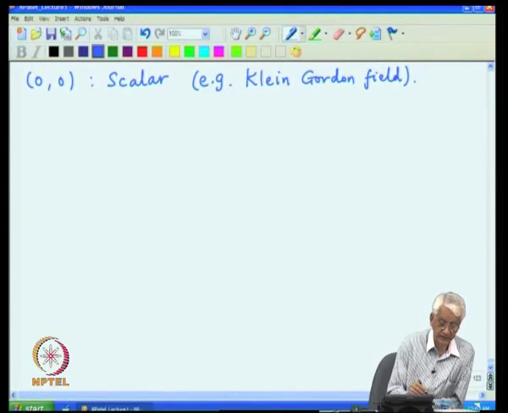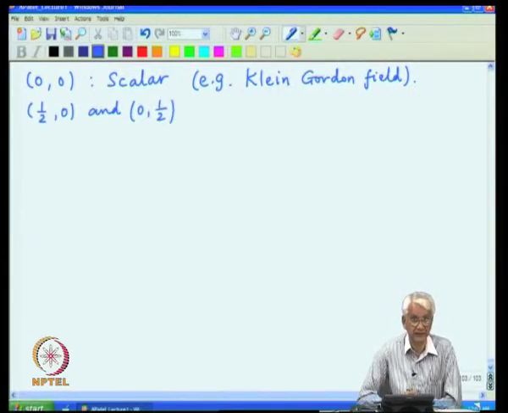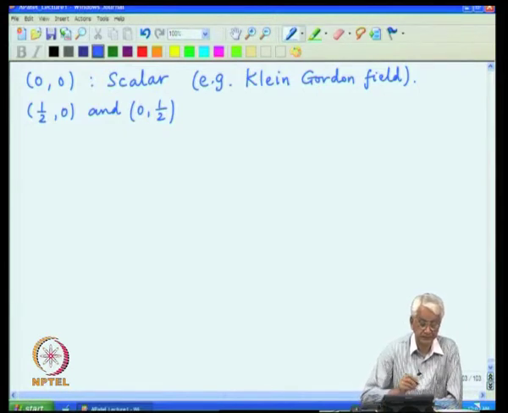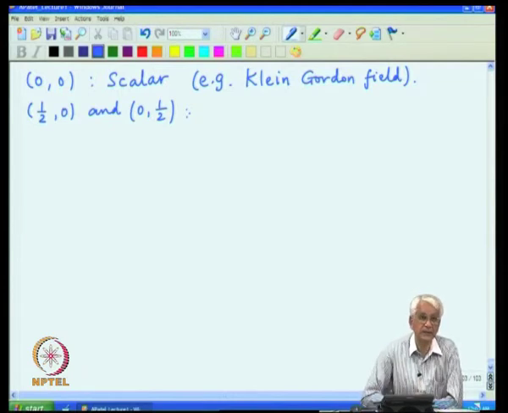The next one is half 0 and 0 half. Both have the same dimensionality, they have 2 degrees of freedom, and these are related to each other by parity or charge conjugation.